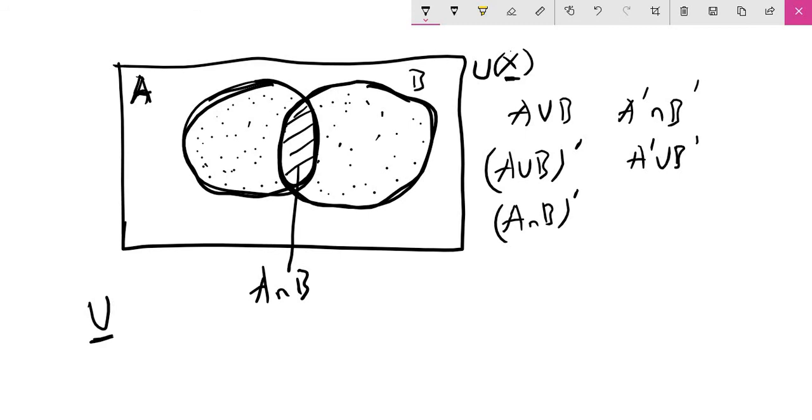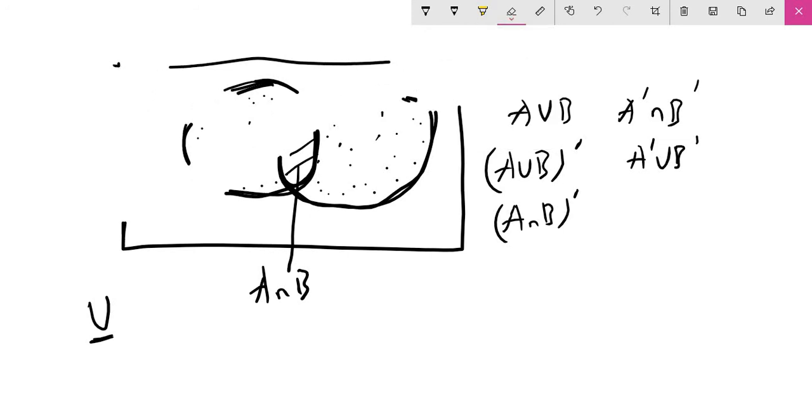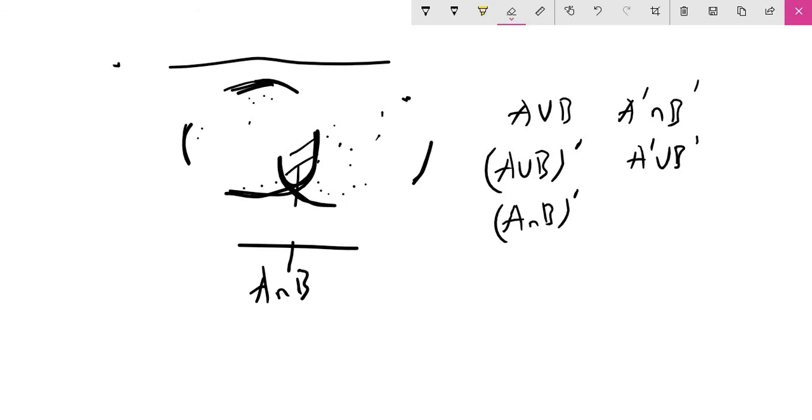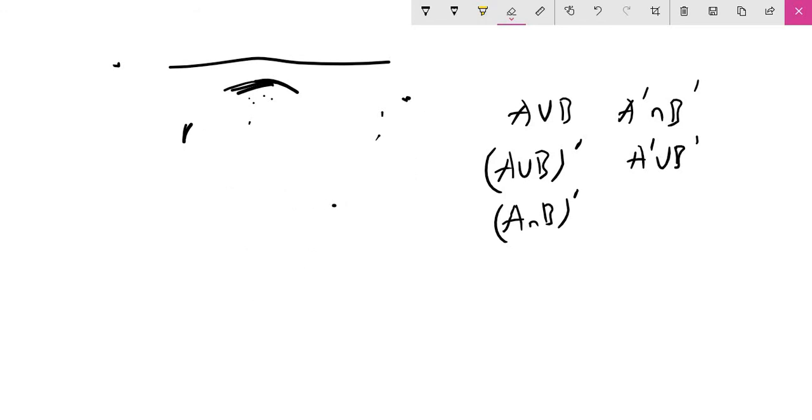Let's work with these for now and illustrate them on a Venn diagram. I'm just going to clean this up. If you already know this stuff, you can just skip to the next video. I want to really explain how information is represented on the Venn diagram.